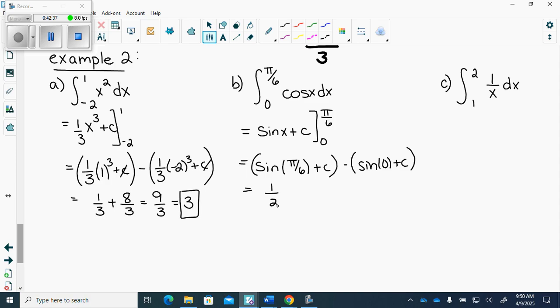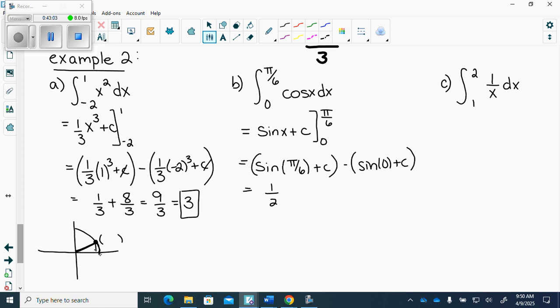Remember, if you don't remember your unit circle, you can visualize it. So let's think about this. We have even just a piece like this. Say that's pi over 6. Remember that it's either a half or 0.8660, the root 3 over 2. If I actually look at this coordinate, it looks like my x is the 0.866, correct?